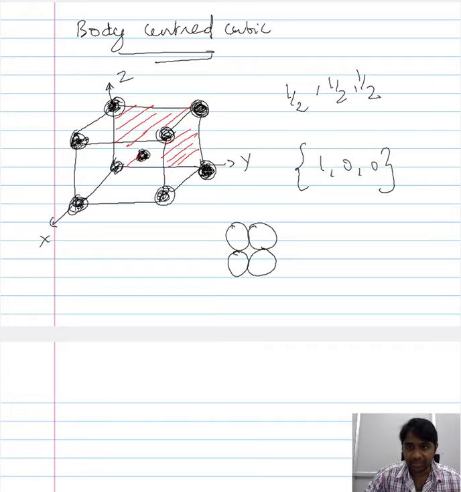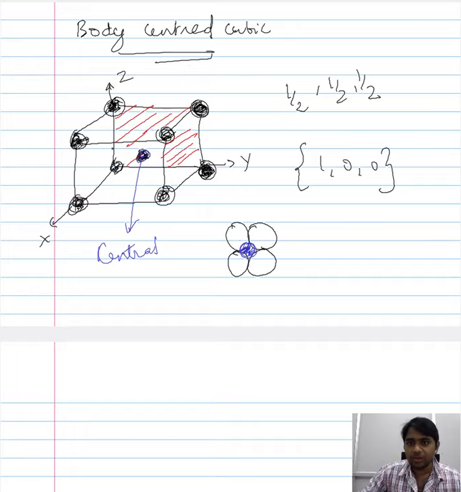This atom, let me highlight in blue. So this atom here is the central atom, and when you move away from this particular plane, you have to include this atom, and this atom will occupy a position here between the 4 corner atoms.